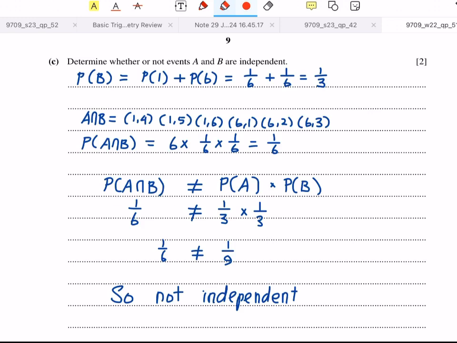Now A and B, this is the list of A and B. It's either 1,4, 1,5, 1,6, 6,1, 6,2, and 6,3.